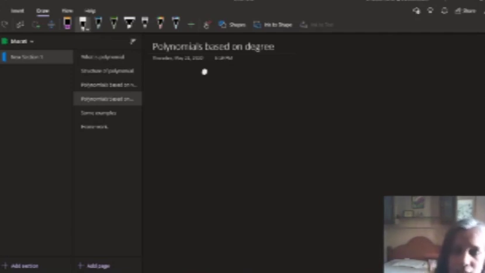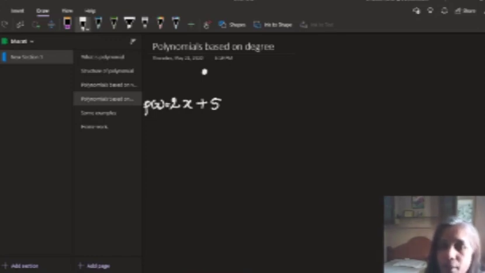For that, let me consider a polynomial. Again, I'll take the polynomial 2x plus 5. Now I'll write it as p of x is equal to 2x plus 5, a polynomial. We have to find out its degree. To find the degree of a polynomial, you just consider all the variables along with their powers.